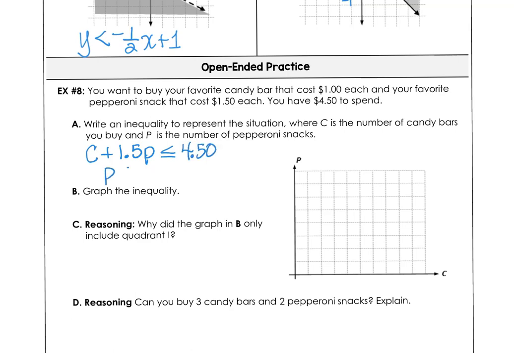And solving for P, you should get negative 2/3 C plus 3. So if every other line is an integer, we could come up here for 3, and every other line here could be an integer.